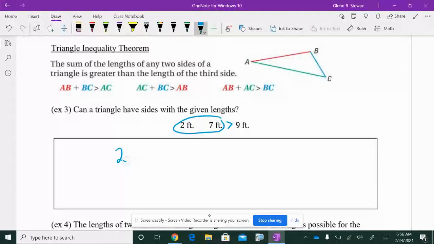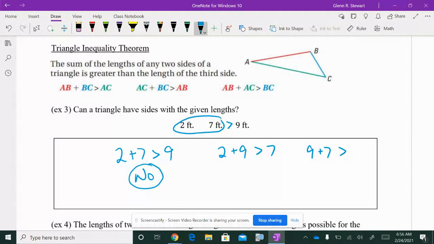In this case, 2 plus 7 is not greater than 9, so we would say no. To look at all the sides, we would also set up other inequalities such as 2 plus 9 is greater than 7, and 9 plus 7 is greater than 2 to get the full picture.